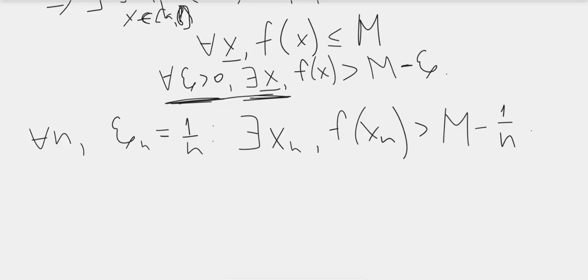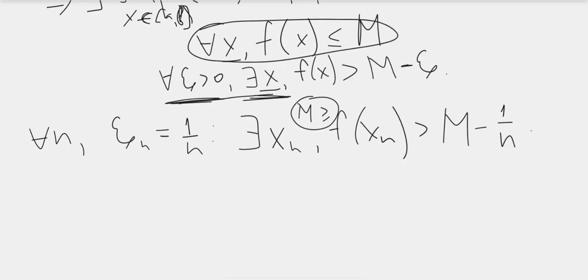Also f of xn is less or equal than m, because this holds for any x because of this property.